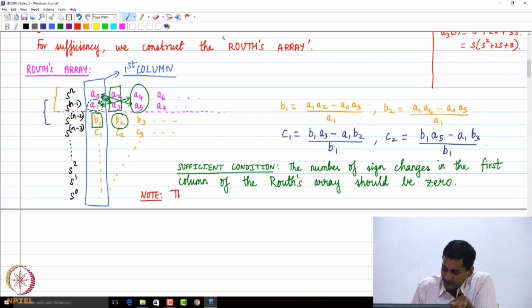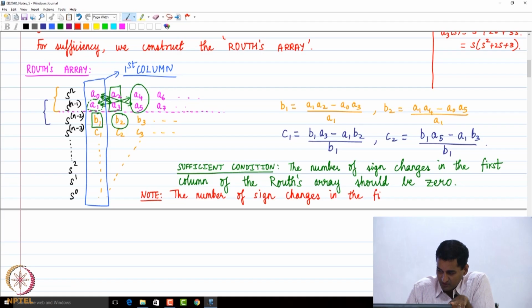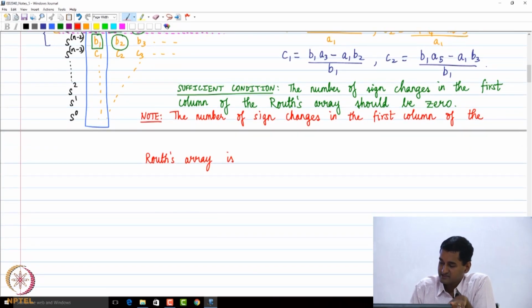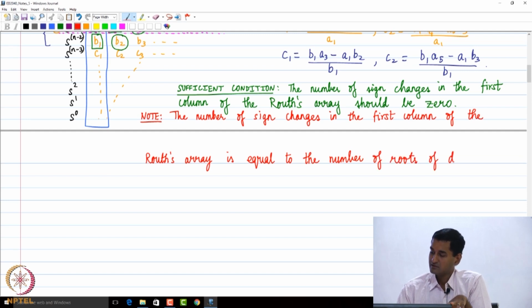So, note the number of sign changes in the first column of the Routh's array is equal to the number of roots of D(s) in the right half complex plane.